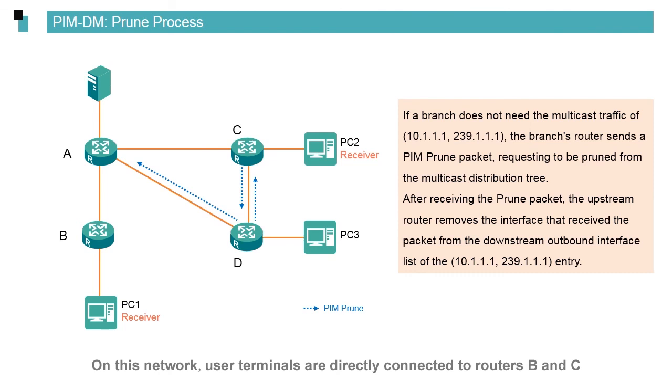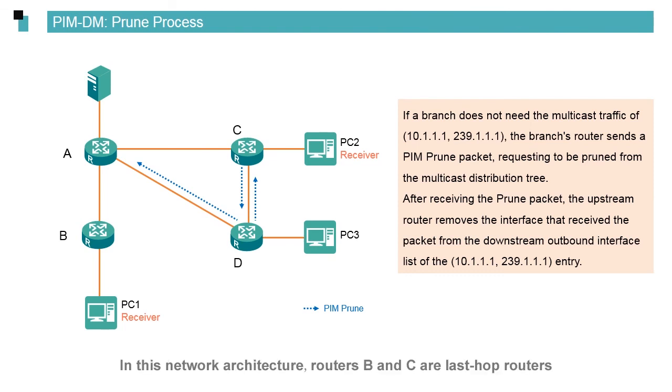On this network, user terminals are directly connected to routers B and C. Through IGMP, these routers learn that the multicast group 239.1.1.1 has receivers.